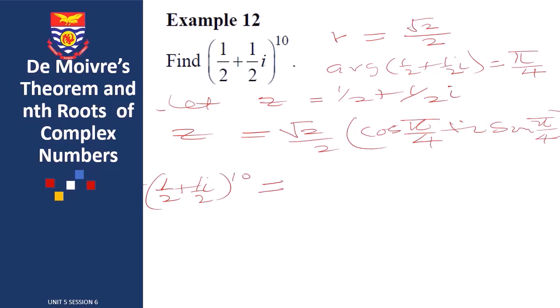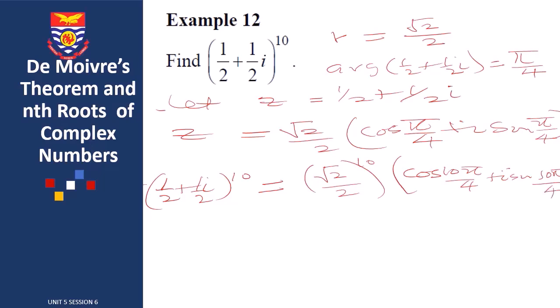So I get r to the power n, that is (square root of 2 over 2) to the power 10, times (cos nθ, that's 10 times pi on 4, so 10 pi on 4, plus i sine 10 pi on 4).